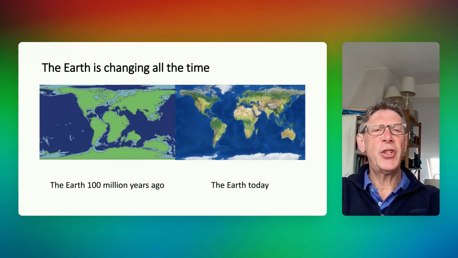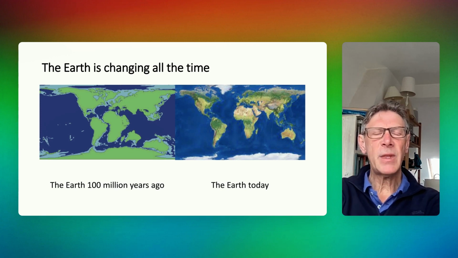The Earth is changing all the time. If you look at the Earth 100 million years ago and the Earth today, you can see how the continents and oceans have moved. And they continue very, very slowly to move. So in 100 million years' time, the Earth will look again very different to how it looks now.